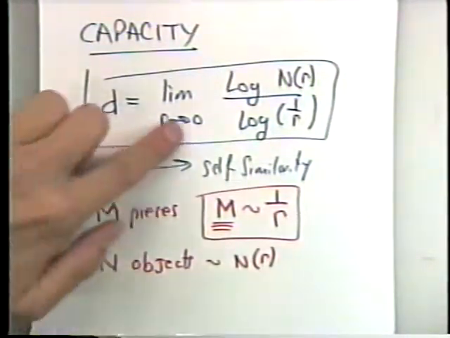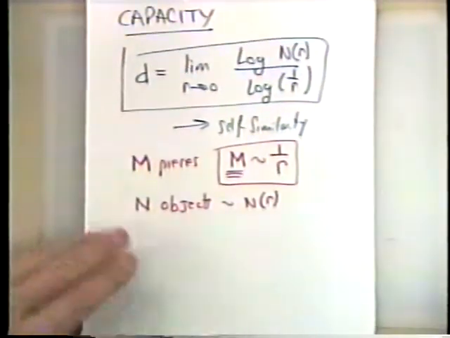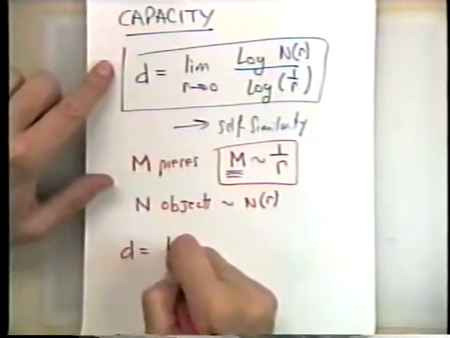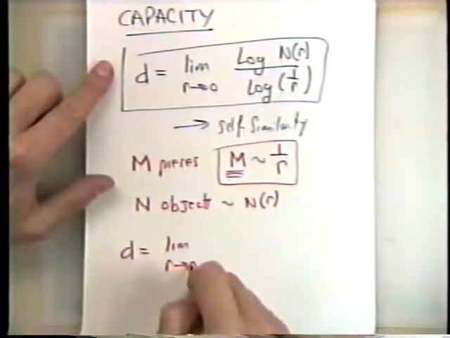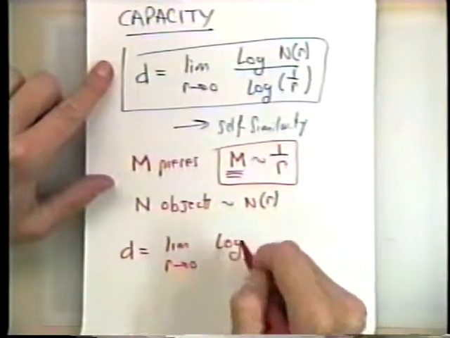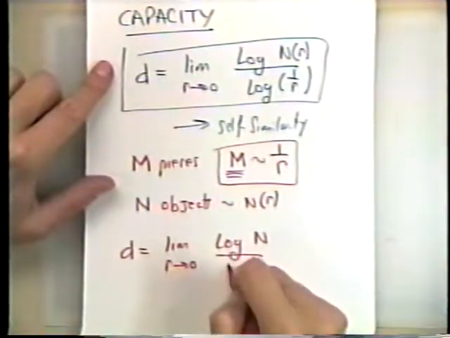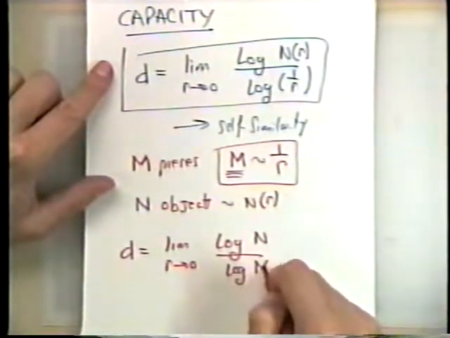So if I use these two relationships to replace in here, what we have here is that d, and for the moment I'll keep this r equals 0 limit, is really log n divided by log m.